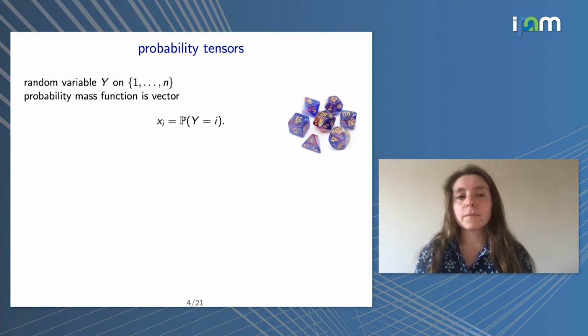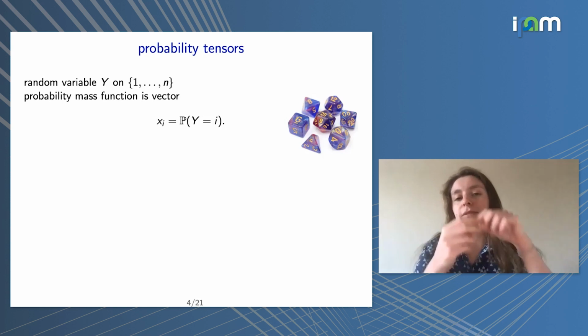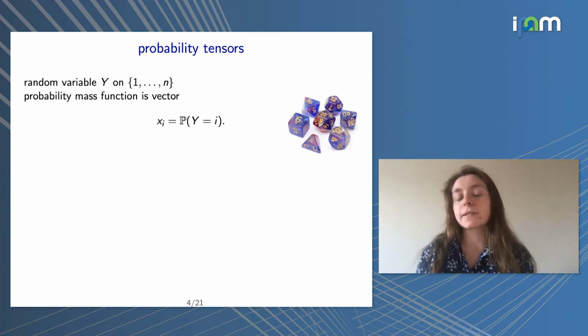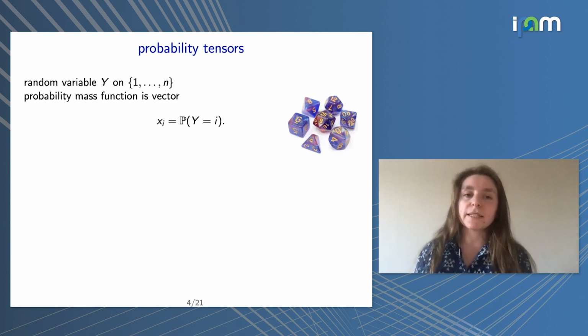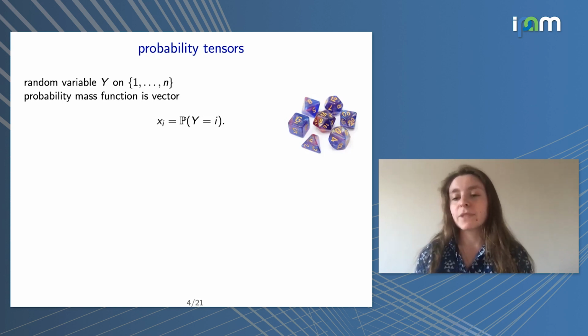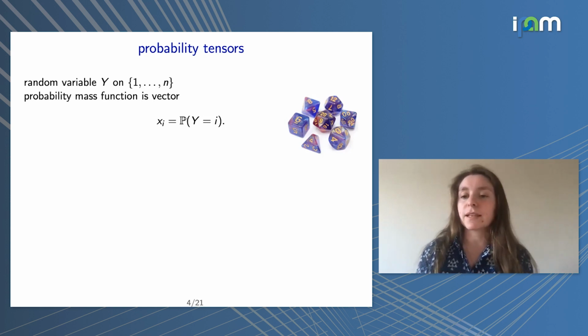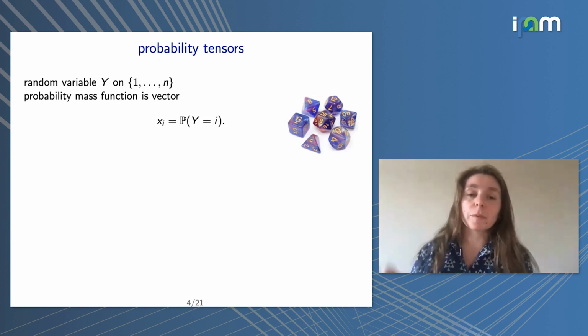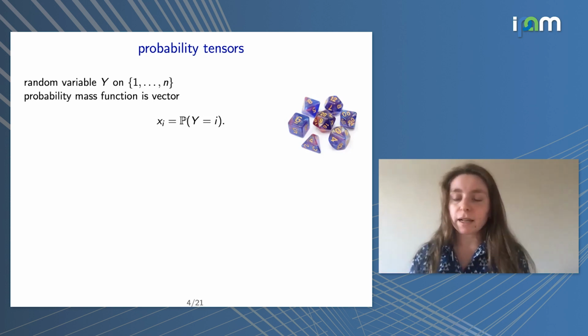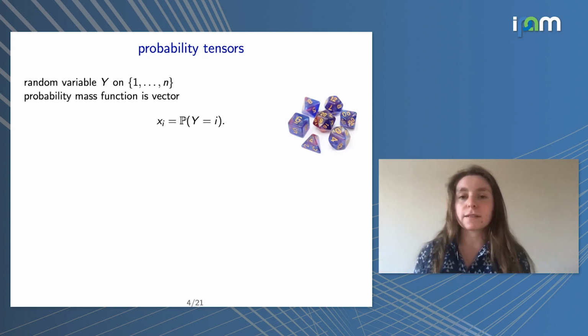Then the probability mass function of this random variable is a vector of numbers, where the ith entry of this vector is the probability that the random variable takes the value i. So for example, I could think about a 6-sided die, then I would have a random variable in 6 states, and its probability mass function would be the probability that it lands on each of its 6 sides.